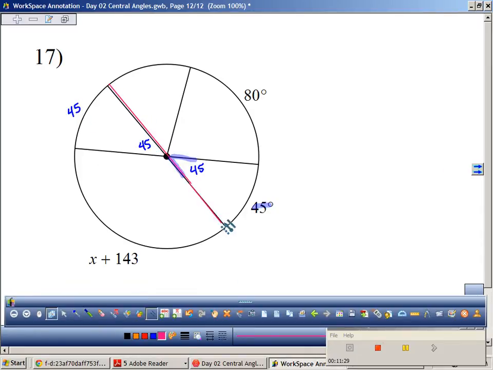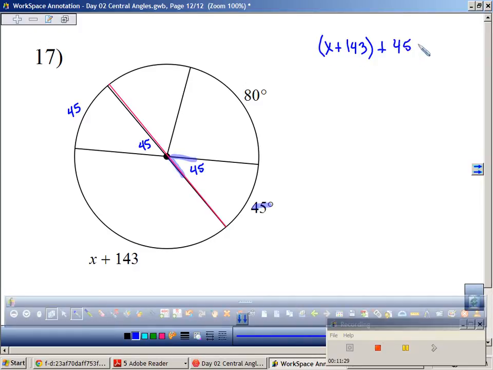Now I'm seeing what's going on here. I've got a diameter. So I've got a 45 plus this arc here is going to give me 180 degrees, because I know that half the way around the circle is 180 degrees. So x plus 143 plus 45 is going to have to equal 180 degrees. Let's see, 143 and 45 would give me x plus 188 equals 180.